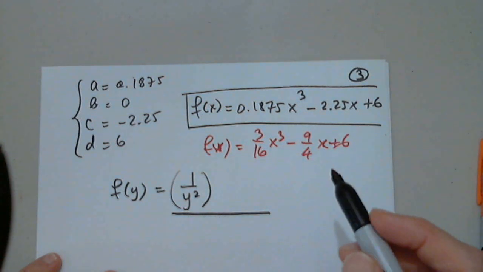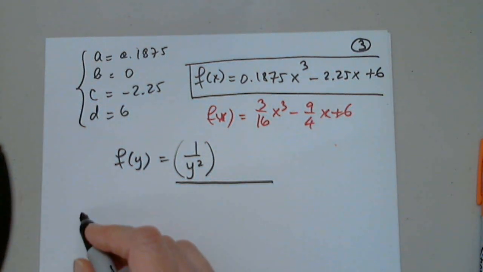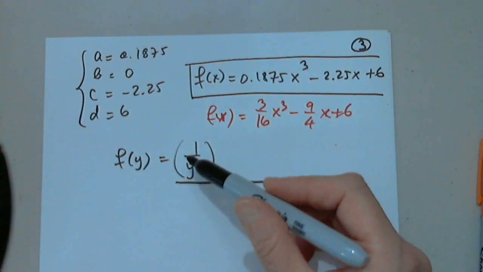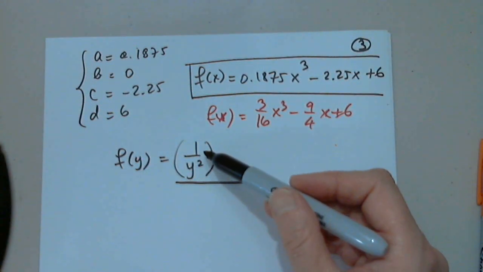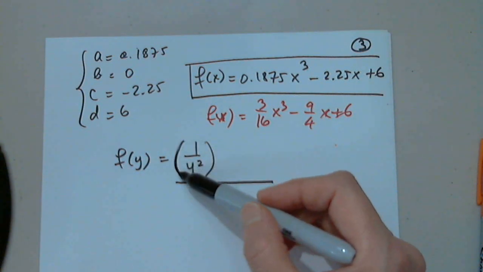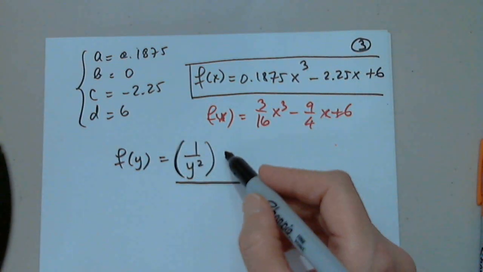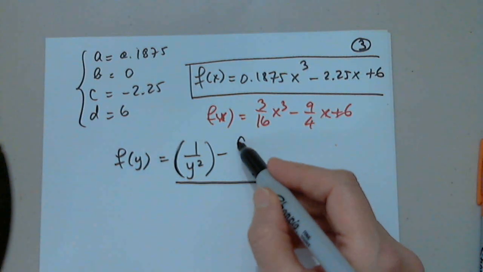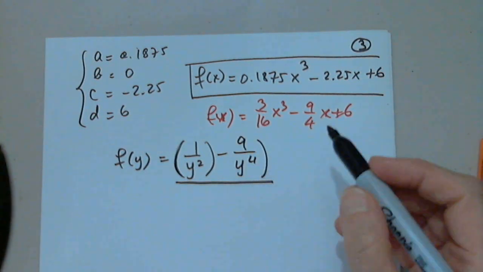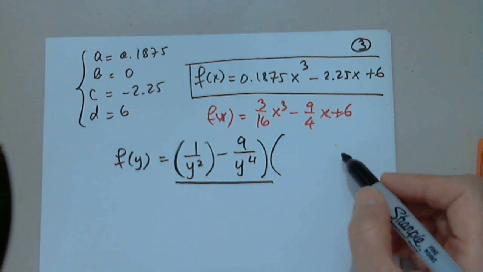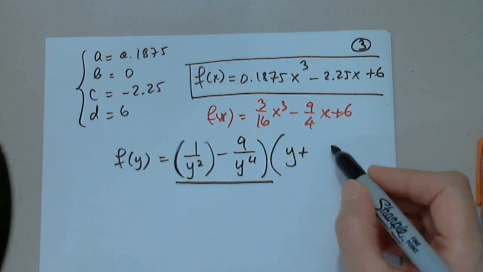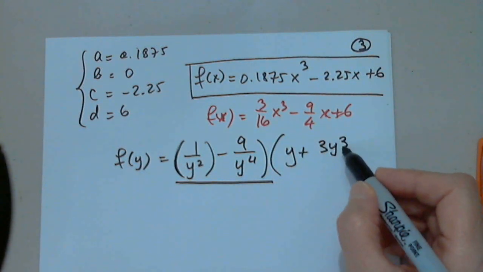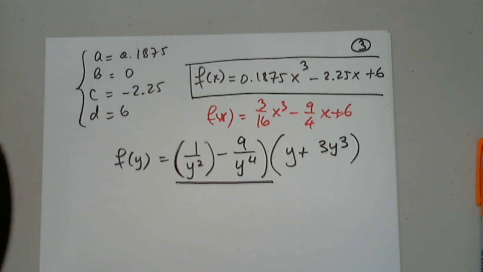It's still in the same. Okay. So just repeat it. So f of y is equal to parentheses 1 over y squared minus 9 divided by y to the power of 4 close parentheses, then parentheses y plus 3y cubed close parentheses. Like this? Yeah. Awesome.